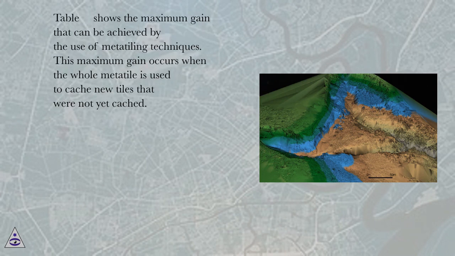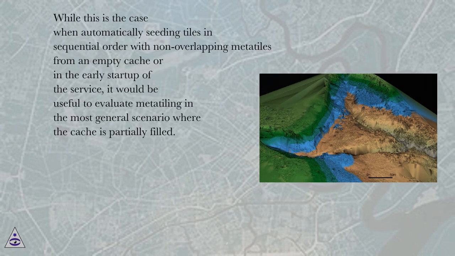The table shows the maximum gain that can be achieved by the use of metatiling techniques. This maximum gain occurs when the whole metatile is used to cache new tiles that were not yet cached. While this is the case when automatically seeding tiles in sequential order with non-overlapping metatiles from an empty cache or in the early startup of the service, it would be useful to evaluate metatiling in the most general scenario where the cache is partially filled.